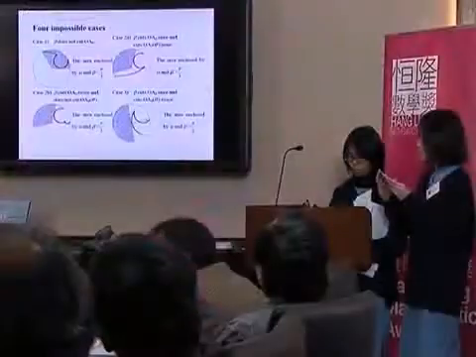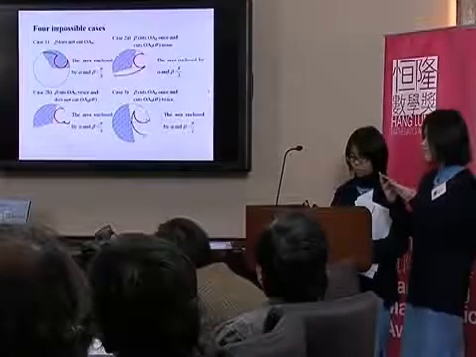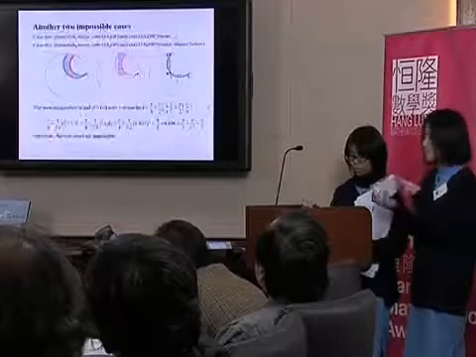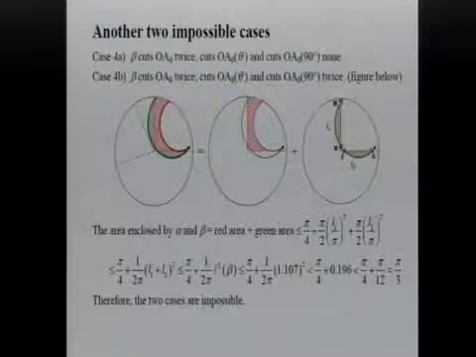We prove statement 26 by contradiction. We consider 5 cases which do not obey this statement. The first 3 cases are shown. The area in these cases must not equal pi over 3. In case 4, beta cuts OA log twice, cuts OA log theta, and cuts OA log 90 degrees none or twice.